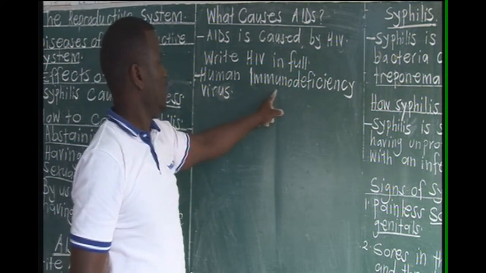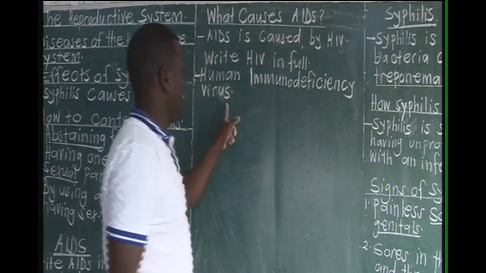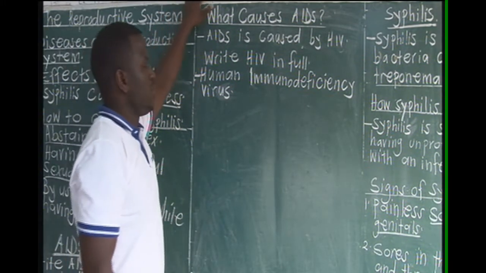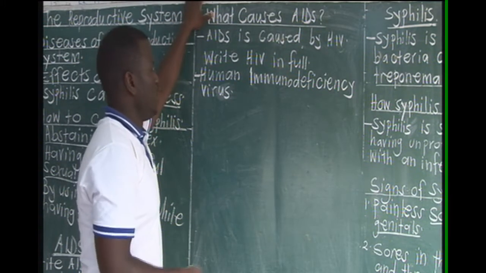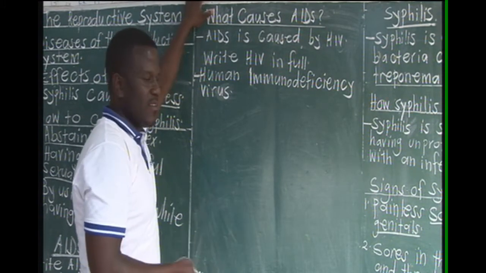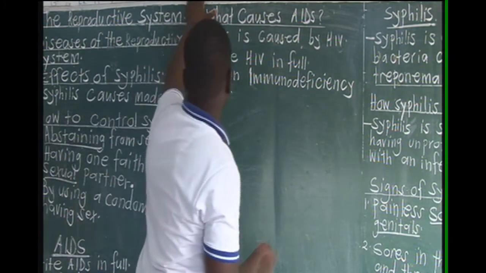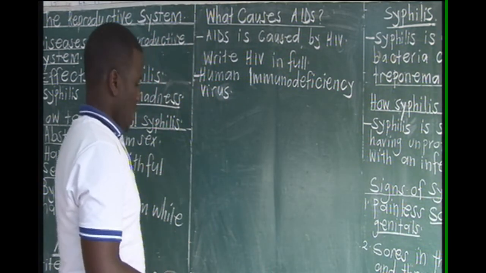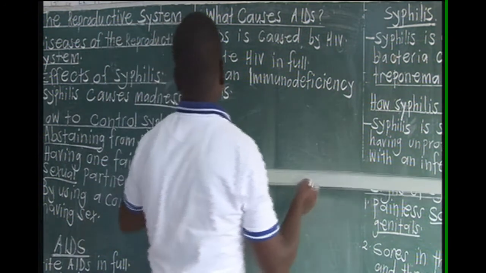Human immunodeficiency virus. So if they ask you to write the cause of AIDS, you can say human immunodeficiency virus, or you can simply say HIV. As simple as that.